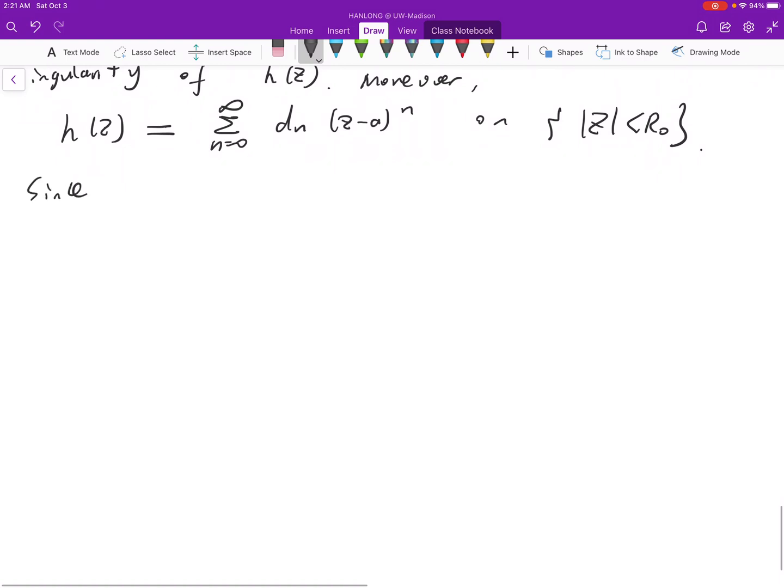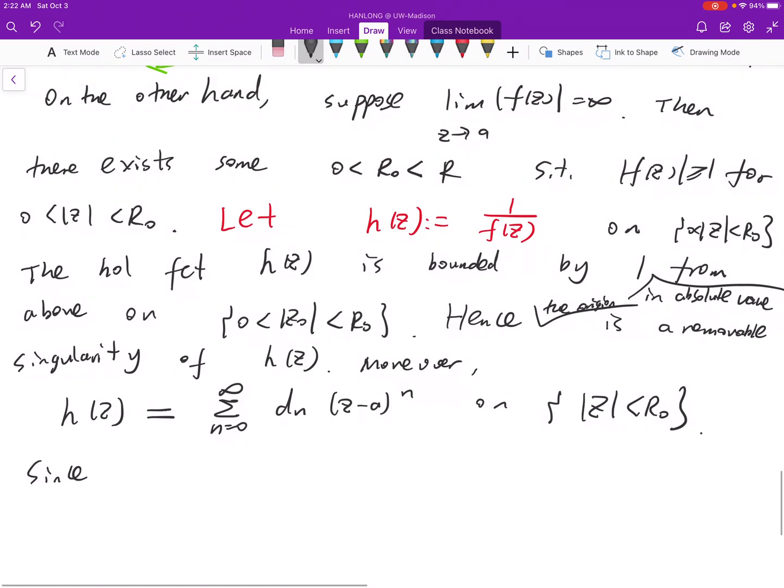Recall that we assume the limit of the absolute value of f(z) is infinity when z goes to a. Oh, my bad notation here.